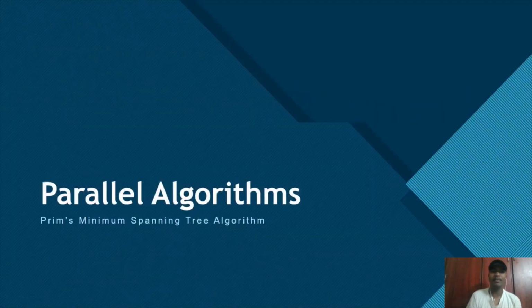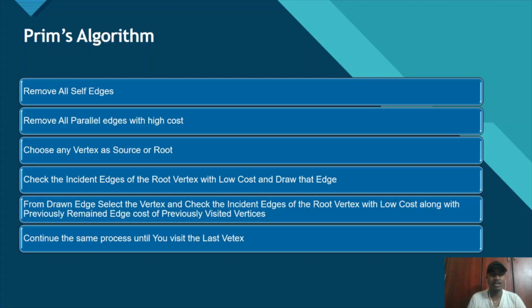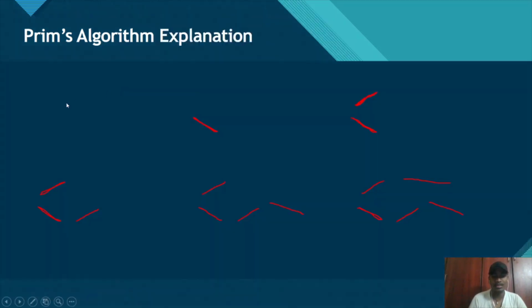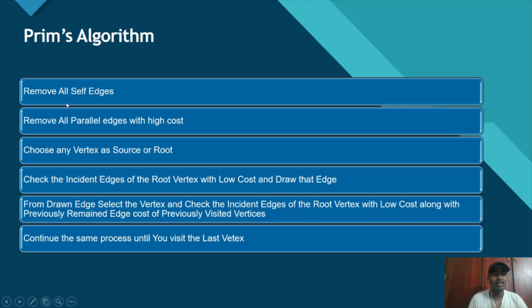Now I will explain the parallel algorithm, Prim's minimum spanning tree algorithm. These are the steps for Prim's algorithm. First, remove all self edges, that is, a vertex having an edge to itself. Second, remove all parallel edges with high cost.